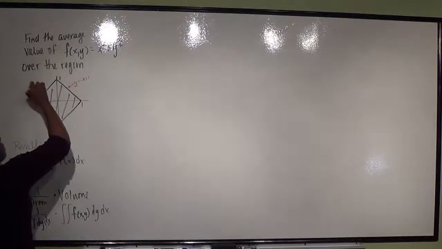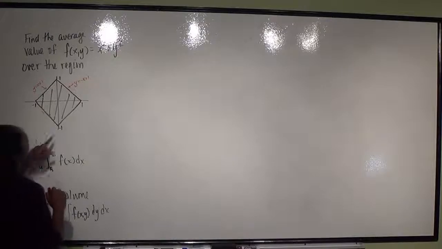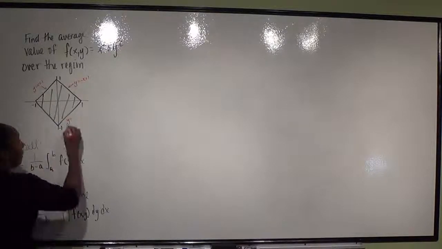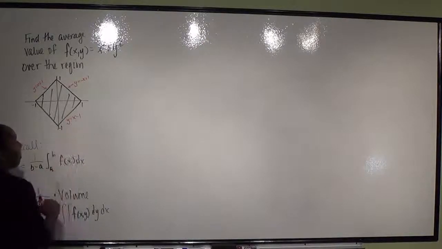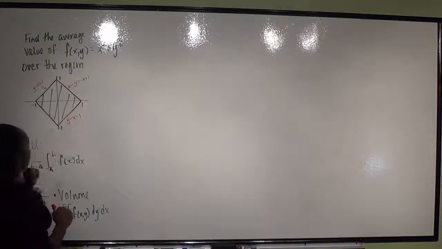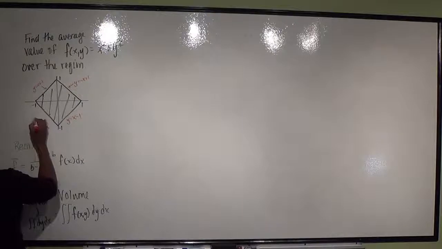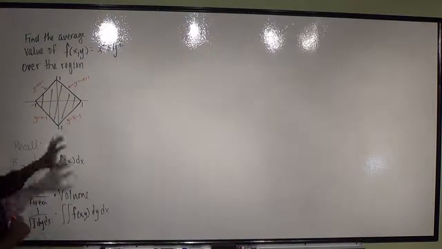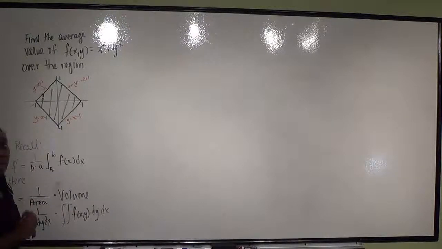This one here is y equaling x plus 1. Over here, our slope is positive 1, and our intercept is negative, so x minus 1. And over here, our slope is negative, and the intercept is negative 1. Okay, so we've got our equations.